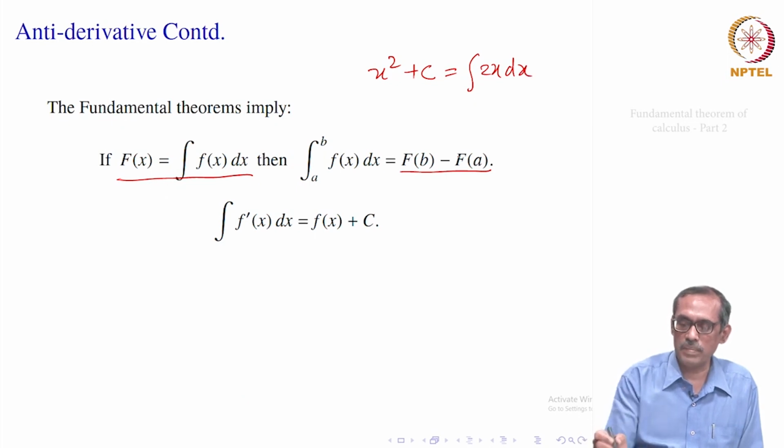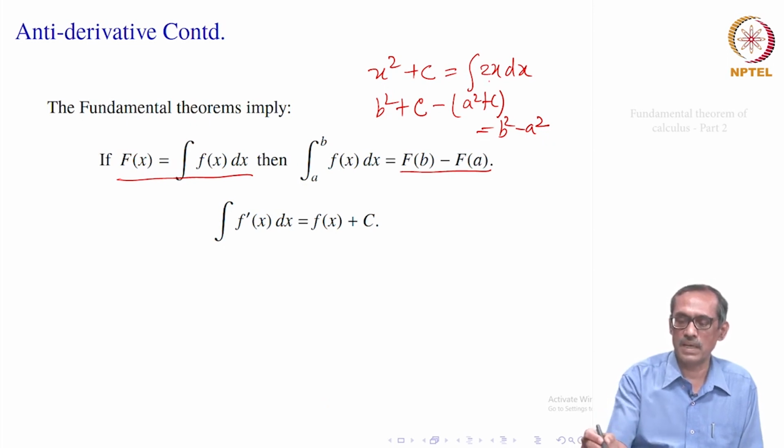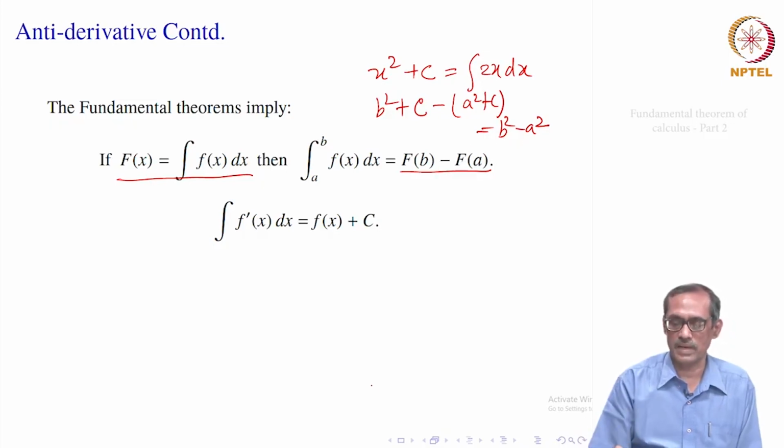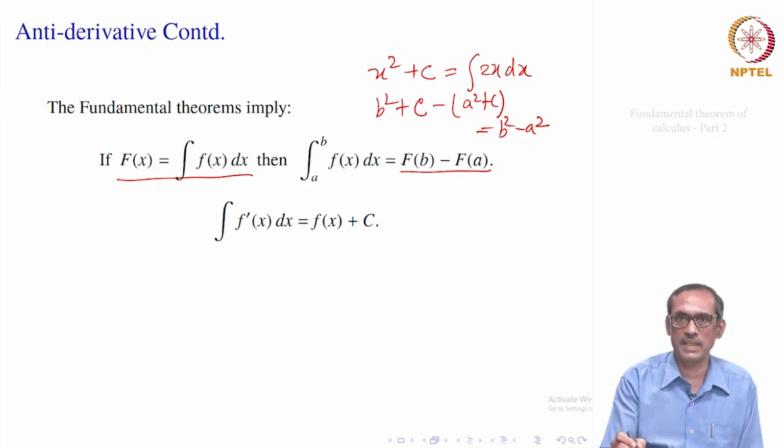Then F of b minus F of a gives b square plus c minus a square plus c, that is b square minus a square. You see that c is gone. So, x square is evaluated at b and a and then subtracted. So, if capital F of x is the indefinite integral, then the definite integral a to b f x dx equals capital F of b minus capital F of a.